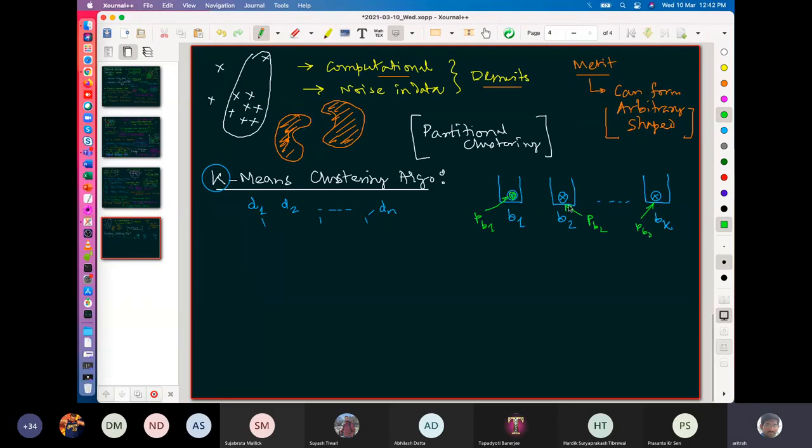With respect to the pivot points in each bucket, I iterate over the data and figure out which is the closest, and accordingly I keep pushing my data points into the corresponding buckets. Clear? Yes or no? Yes, sir.